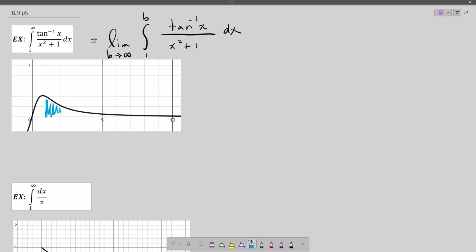So we're finding this area right there. We'll call that b, and there's 1. That area is going to be a function of b. And then we take the limit as b goes to infinity. And that's going to tell us what our final area is.